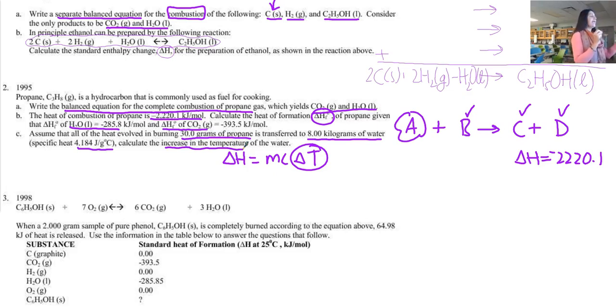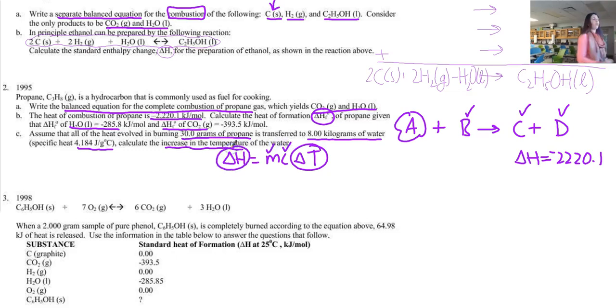But if you're using something like propane that is burning and it's not necessarily reacting with the water, what's happening is the water is just sensing its energy change. They're two separate things. The burning of the propane is happening differently from the water. Then what you want is to make sure that the mass is just the mass of the calorimeter, okay? Not that 30 grams of propane, again, because it's not reacting inside of the water. So I know my mass, they're telling me my specific heat, I'm looking for delta T.